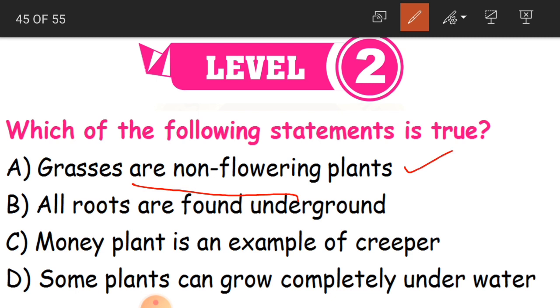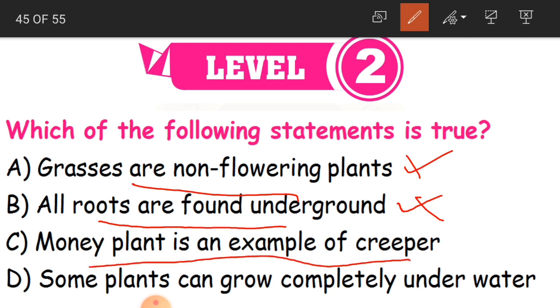Okay, this is wrong. Then all roots are found underground. This is also wrong. See, money plant is an example of creeper. This is true. D option is some plants can grow completely underwater.